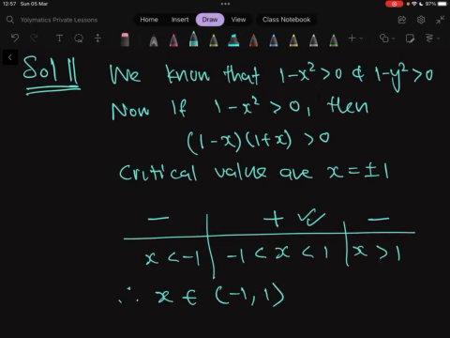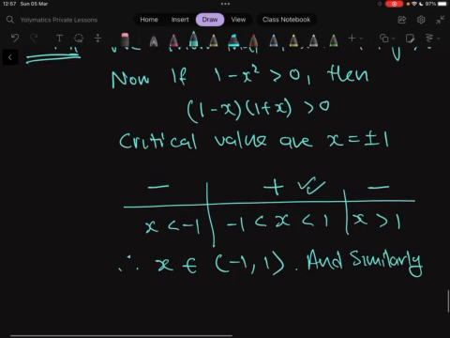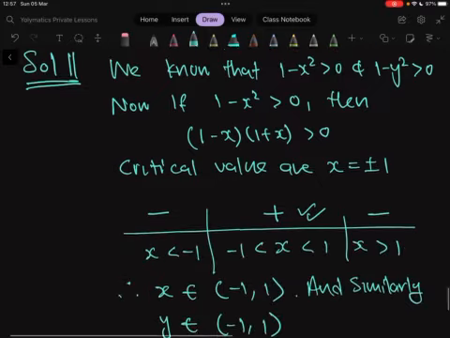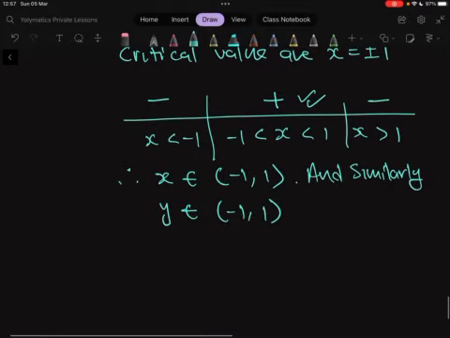Similarly, y must also be an element from negative 1 to 1. That's definite, because the x and y parts have the same structure, so they have to give us the same solution.